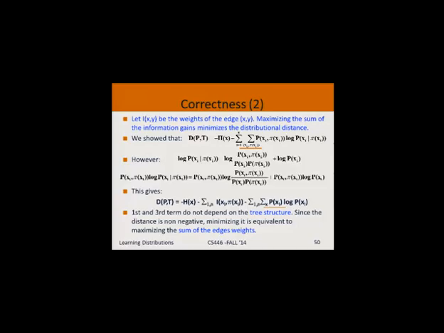So basically, minimizing the distance, this is a minus sign here, is achieved by maximizing the sum of the mutual informations. So basically, we justify the second step, which is why did we play with I of xi?